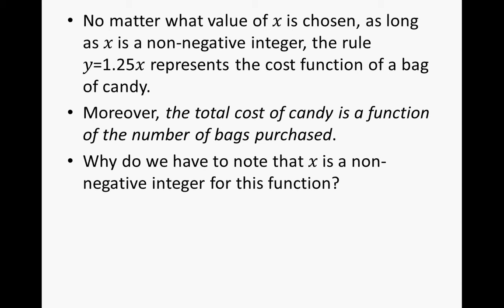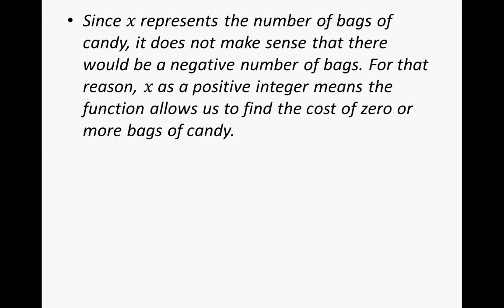So why do we have to note that x is a non-negative integer for this function? Well, since x represents the number of bags of candy, it does not make sense that there would be a negative number of bags. For that reason, x as a positive integer means that the function allows us to find the cost of 0 or more bags of candy.